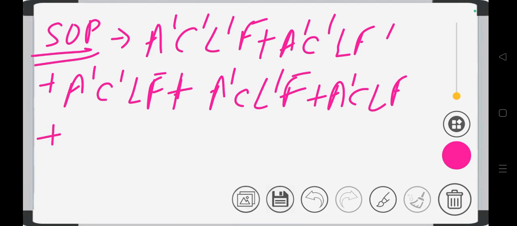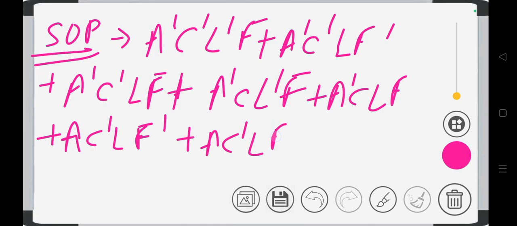Then proceeding with the next, it was A C complement L F complement. Then A C complement L F. Then A C L complement F complement.